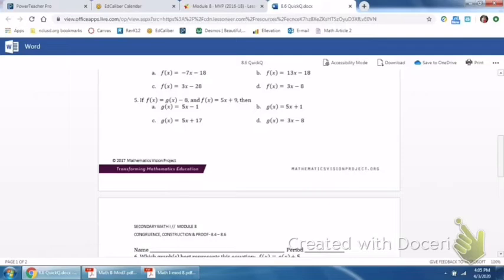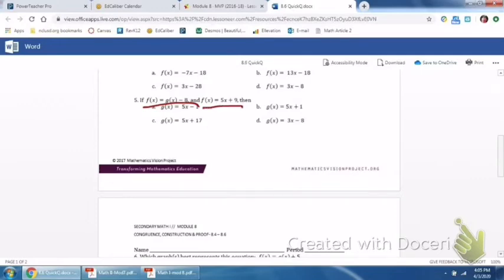Number 5, I'm not going to go too far into it. It's a little tricky though, a little bit different. So for number 5, they tell you f of x is equal to g of x minus 8. Then they give you f of x.